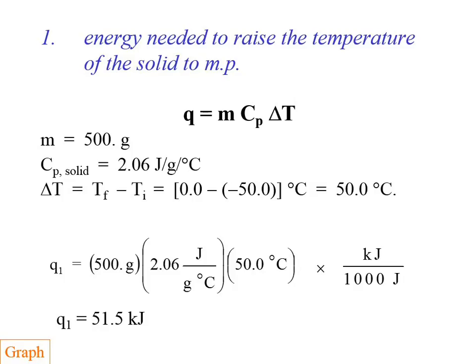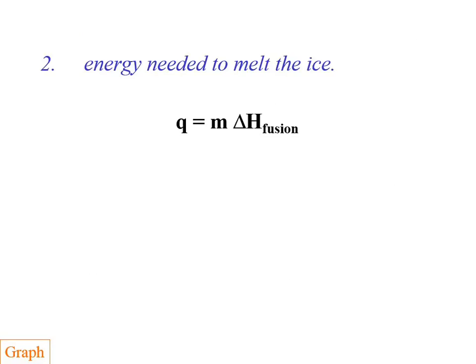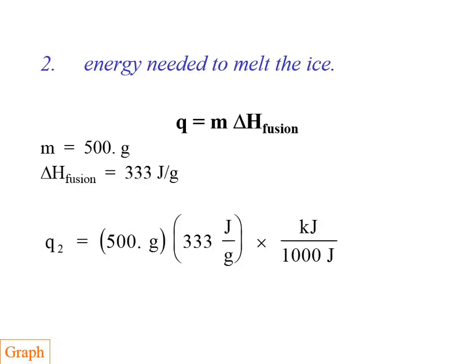And then on to Q2, which we shouldn't make it harder than it is. Q2 is simply melting the stuff. So you take the mass times the heat of fusion, just kind of like we did with the benzene. So it looks like this. The mass is 500 with a decimal 3 sig figs grams.